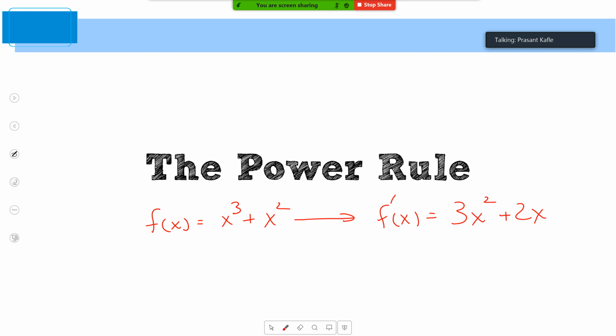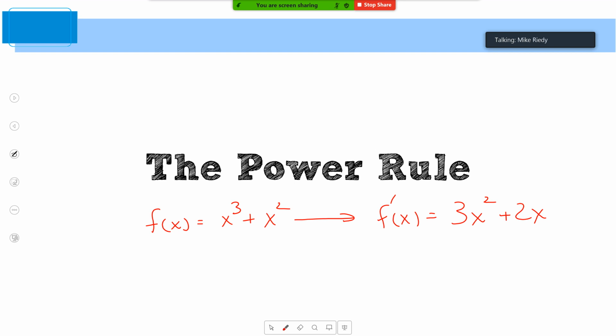You take the exponent and then you multiply that, and then you lower the exponent by 1. Couldn't have said it better myself. For those of you that have never seen that before, Prasant just did an excellent job of summarizing.